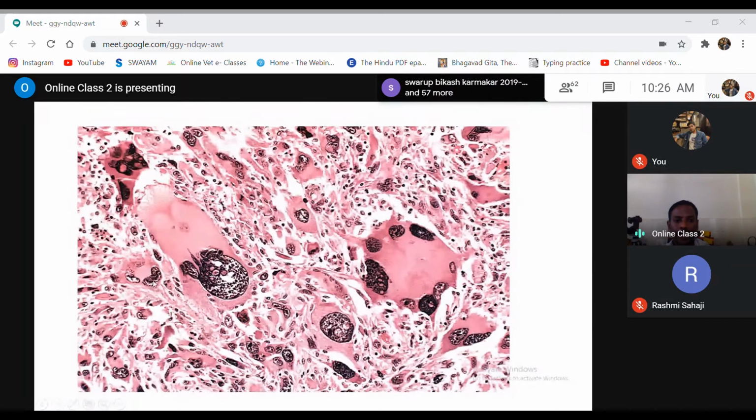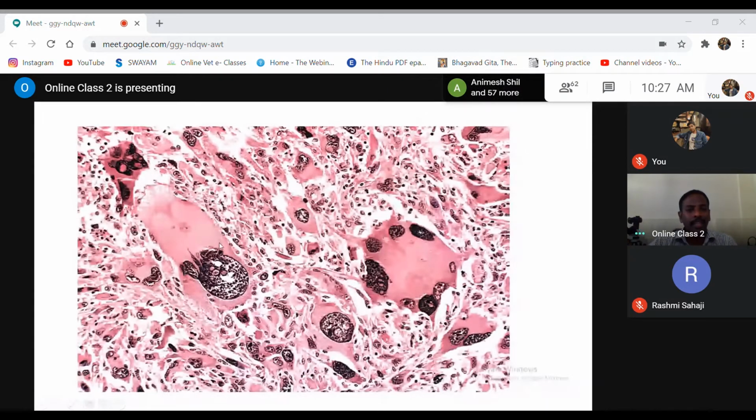In this picture, this is a tumor of rhabdomyosarcoma. When you closely observe this picture, these are muscle cells. This is one cell, this is another cell, this is another cell. But you see the variation in the size of the cells.